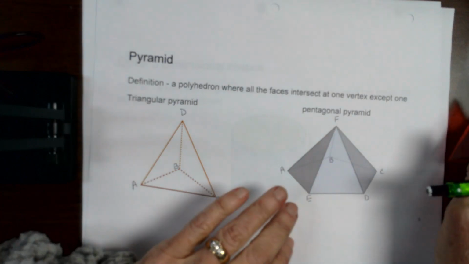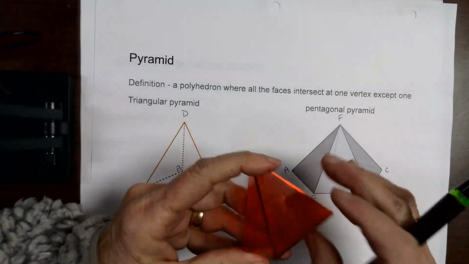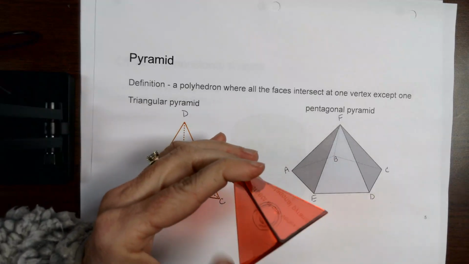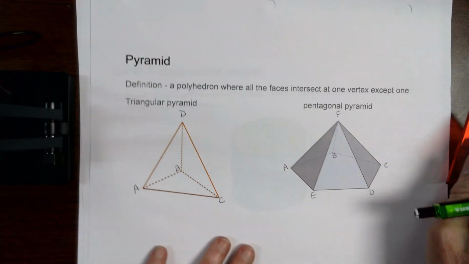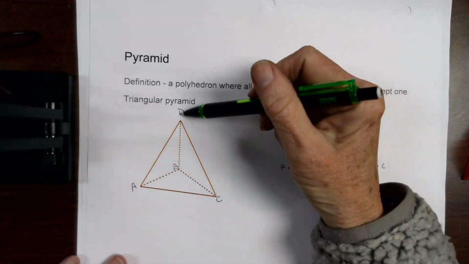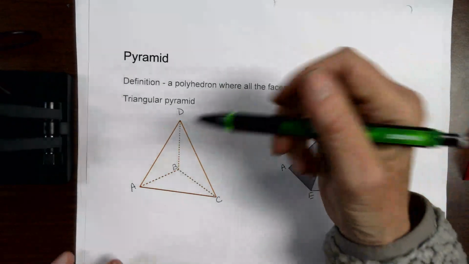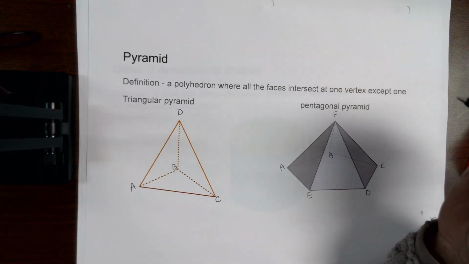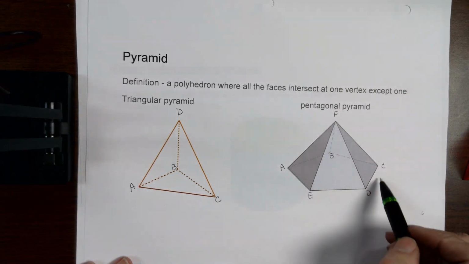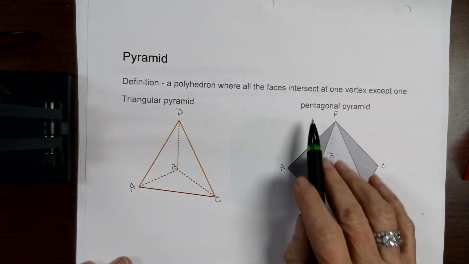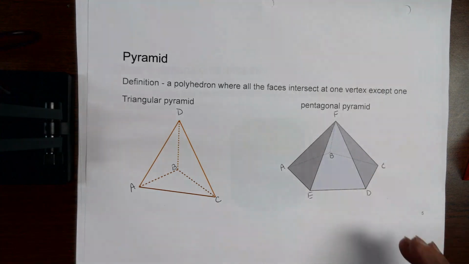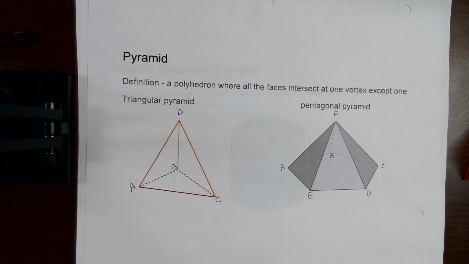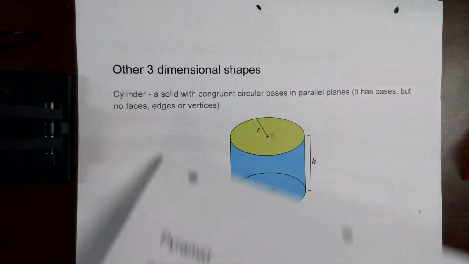So it has one vertex, and it would have 4 faces. So each of the triangles on the side and the base, okay? And of course, all of these would be vertices, and then all of these would be faces. If your base is a pentagon, then it's called a pentagonal pyramid, and you also have to be able to name the faces, the edges, and the vertices on those.